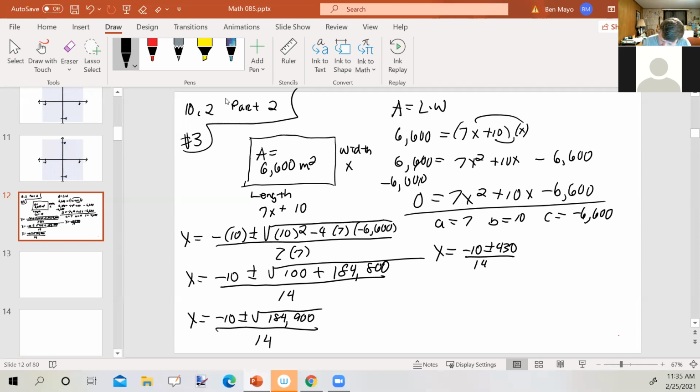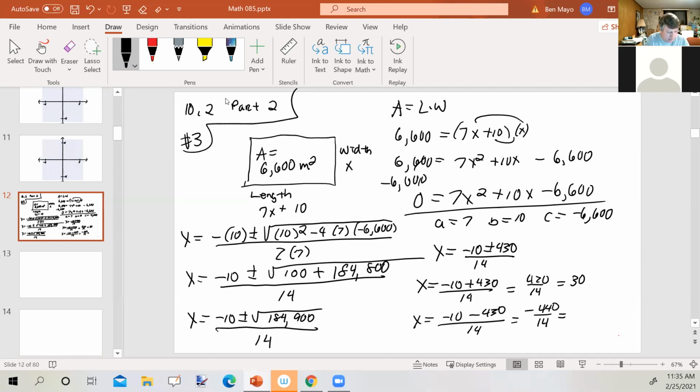So looking at our two different possible solutions, we've got x equals negative 10 plus 430 over 14. X equals negative 10 minus 430 over 14. Well, negative 10 plus 430 would be 420. 420 divided by 14 is 30. Negative 10 minus 430 would be negative 440.